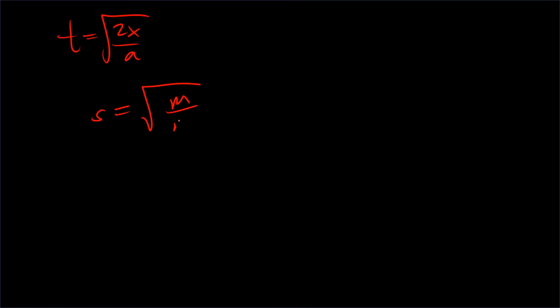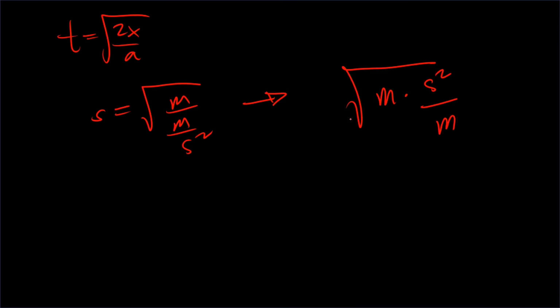So, i-rewrite lang natin, class. We have here time is equal to square root of 2x over a. So, again, we have your second, and then the square root of meter over meter per second squared. So, ito, we can also write this as square root of meter times second squared over meter. So, ibig sabihin, magka-cancel out si meter dito. So, ang matitira na lang dito, s is equal to second squared.